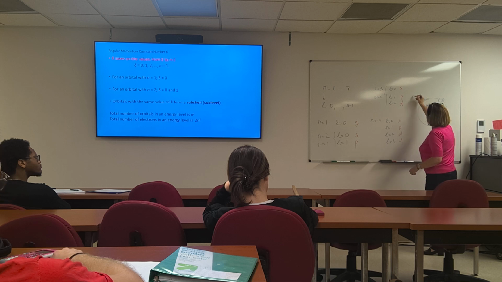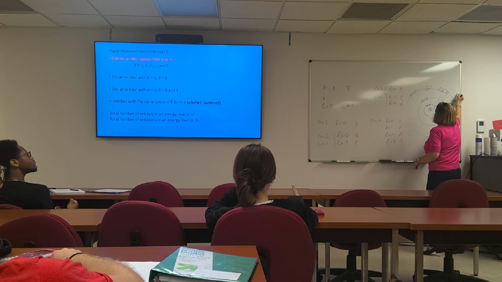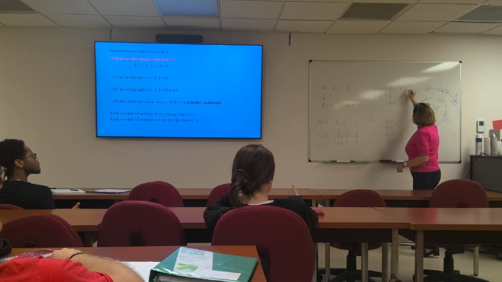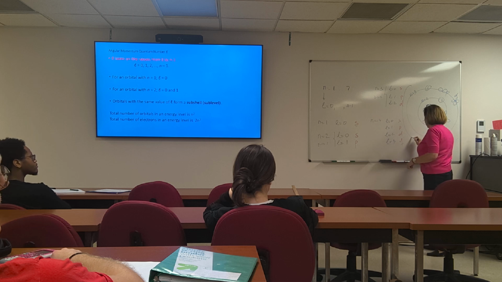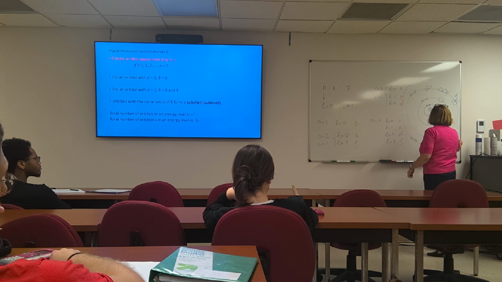Cool. On energy level number 3, I can have orbitals s, p, and then d. And then on the 4th energy level, n equals 4, I can have orbitals s, the p orbitals, the d orbitals, and the f orbitals, which are the complicated ones.